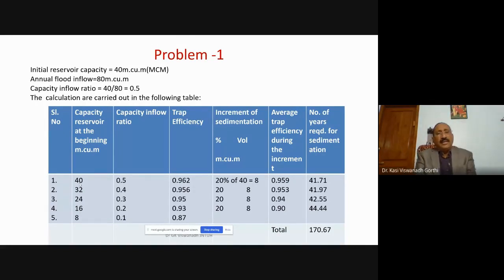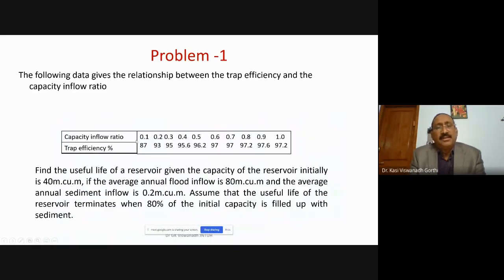Then 32 by 80 is 0.4, 24 by 80 is 0.3, 16 by 80 is 0.2, and 8 by 80 is 0.1. 80 is the annual flood inflow. So you have got the capacity inflow ratio. Corresponding to this capacity inflow ratio, the trap efficiency is given in the previous slide.